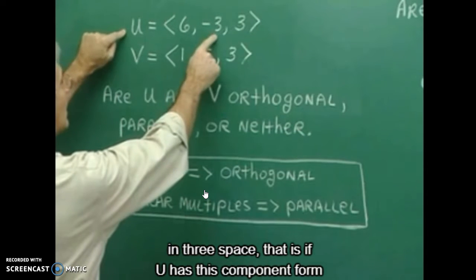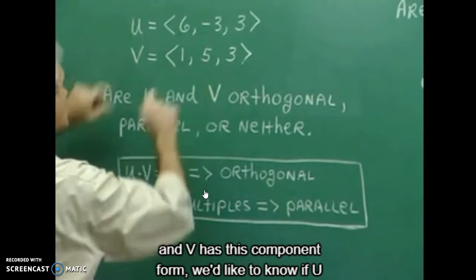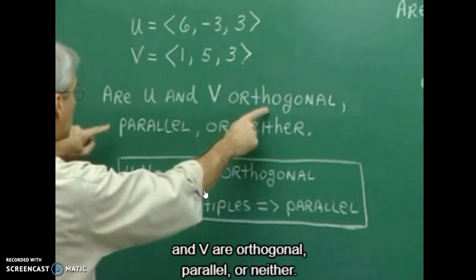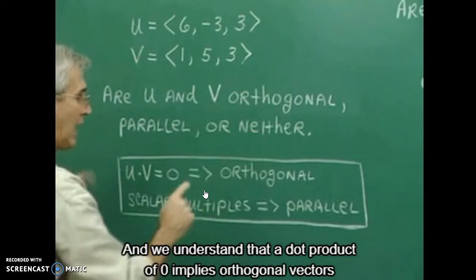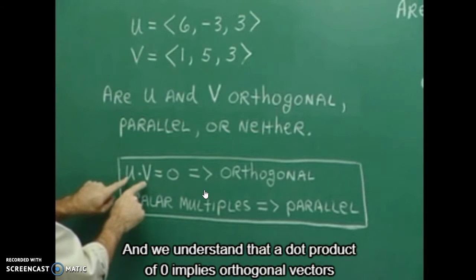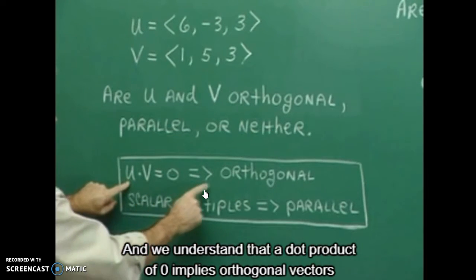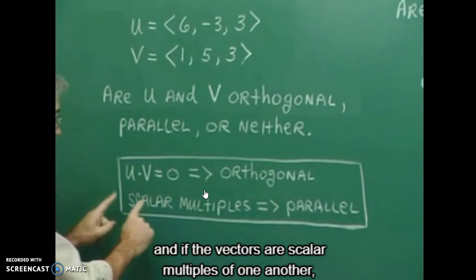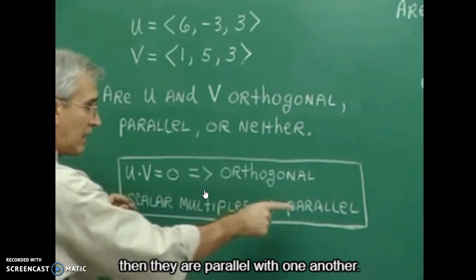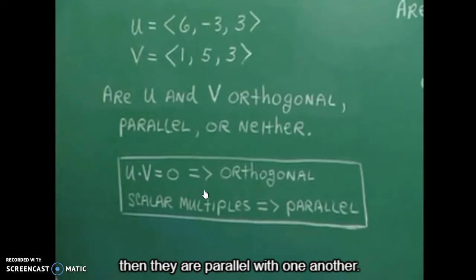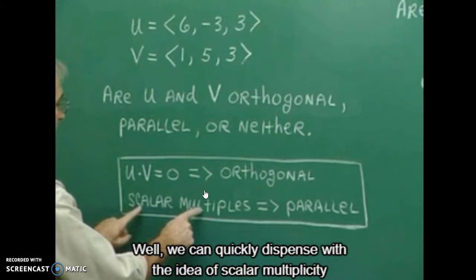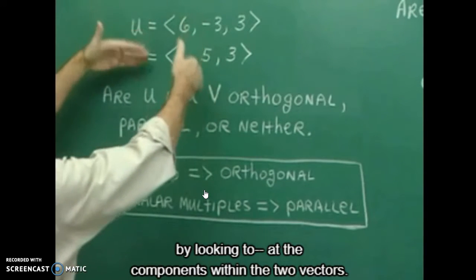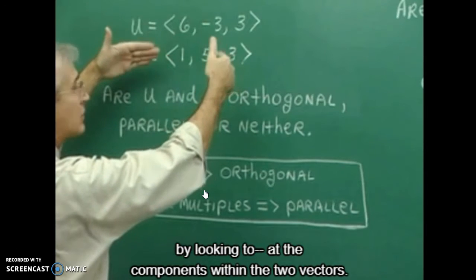That is, if u has this component form and v has this component form, we'd like to know if u and v are orthogonal, parallel, or neither. And we understand that a dot product of 0 implies orthogonal vectors, and if the vectors are scalar multiples of one another, then they are parallel with one another. Well, we can quickly dispense with the idea of scalar multiplicity by looking at the components within the two vectors.